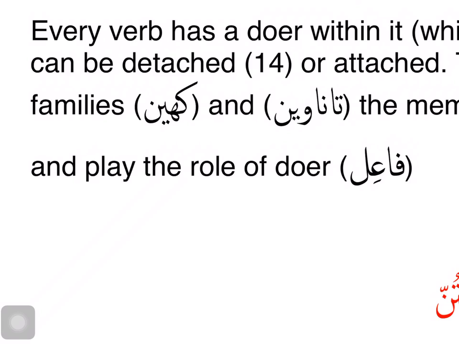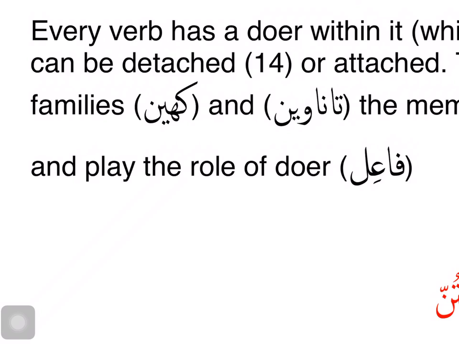Anytime we recognize these, we have to look at the word before the pronoun. It will either be an ism, or it will be a harf of jar, or it will be a harf of nasb, or it will be a verb. Now, the second family of attached pronouns, we gave it the name ta, na, ween.